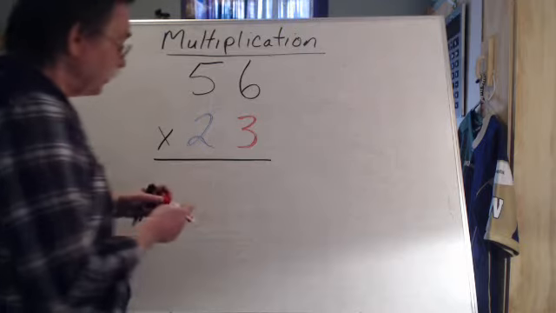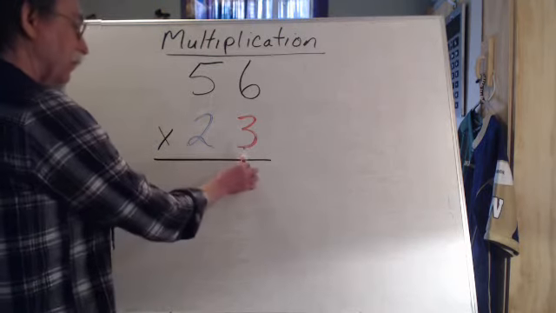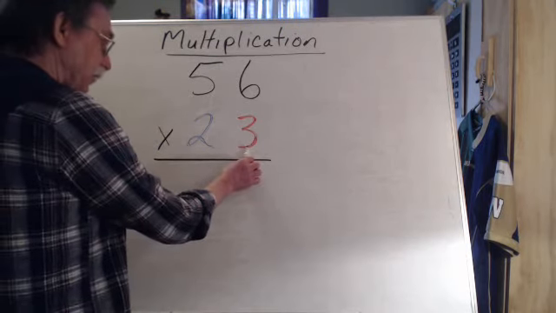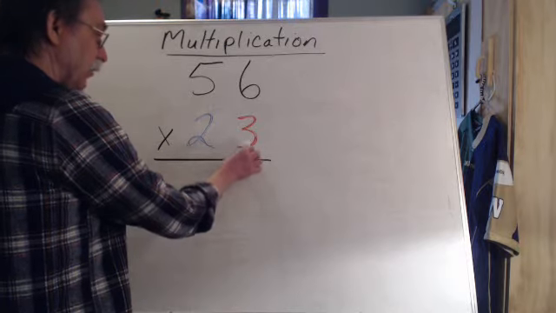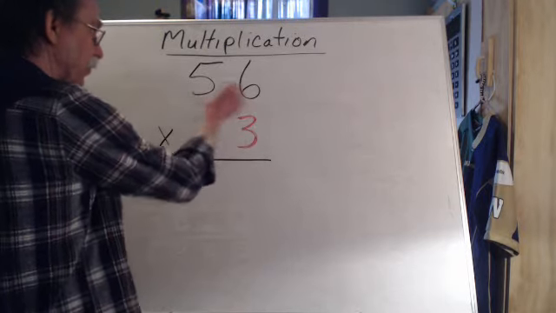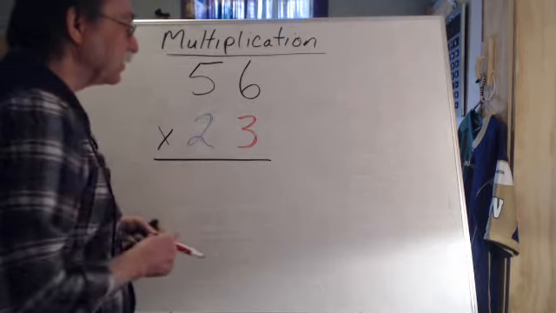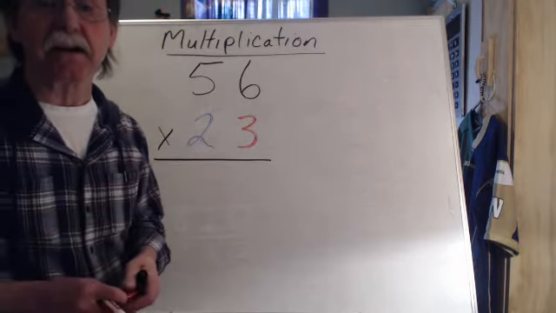So just like we did before, we're going to start with this red 3, and we're going to use the 3 and multiply both top numbers. And you'll notice that this time there's going to be a little bit of carrying involved.